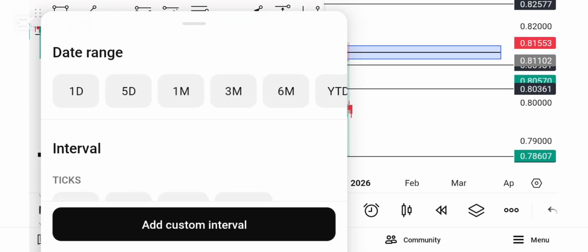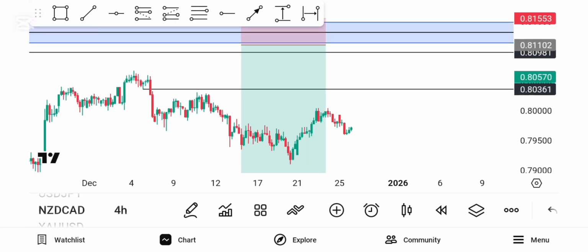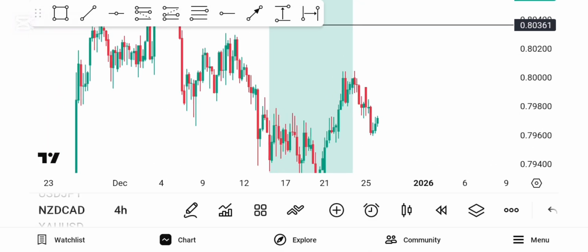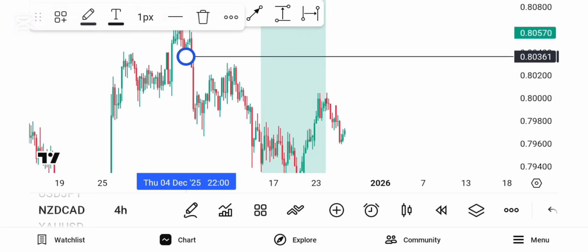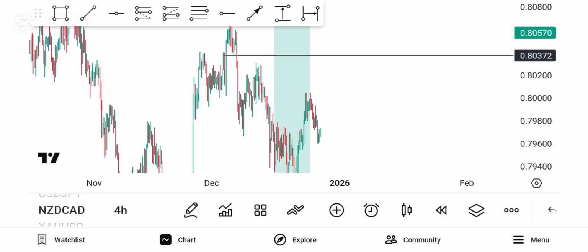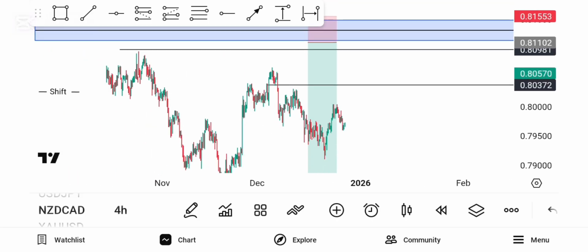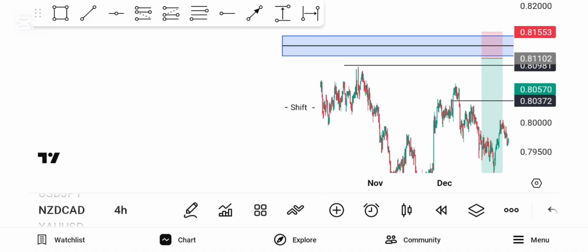You can still scale down to the 4-hour time frame. This is the 4-hour time frame. So I don't want to take this place. I don't like this one, to be honest. But this is the previous zone I marked.